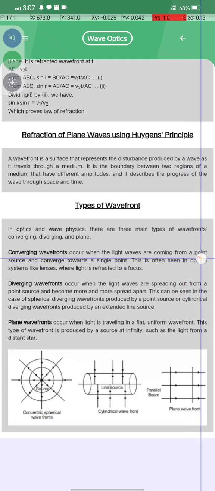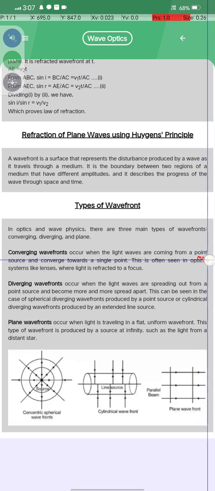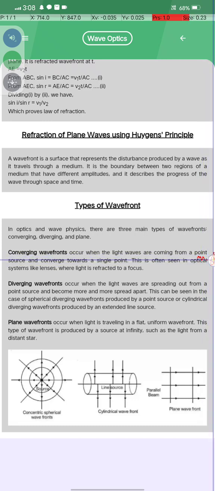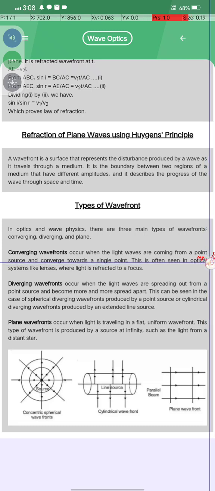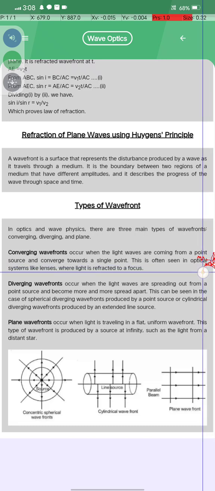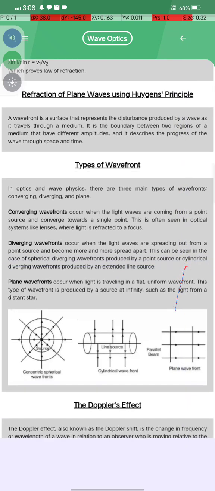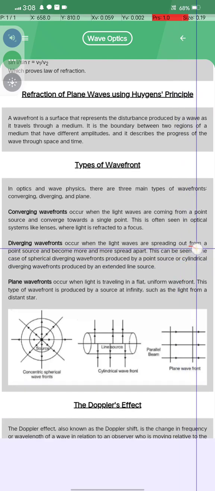This occurs when light waves are coming from a source and converge towards a single point, and this is often seen in optical systems like lenses, where light is refracted to a focus. Okay, diverging wavefront क्या होता है?